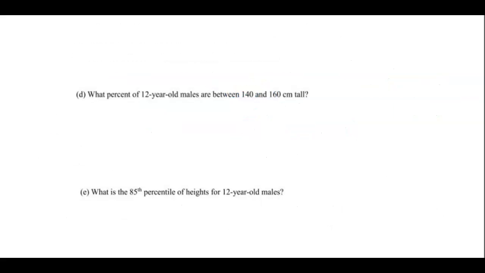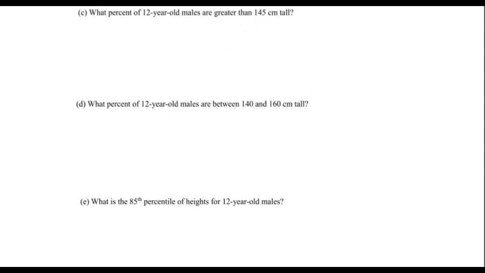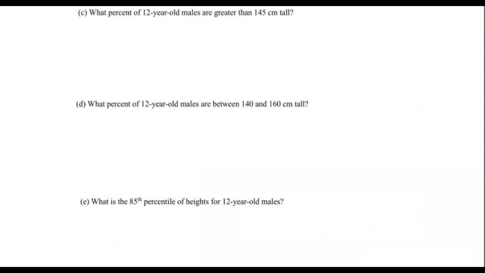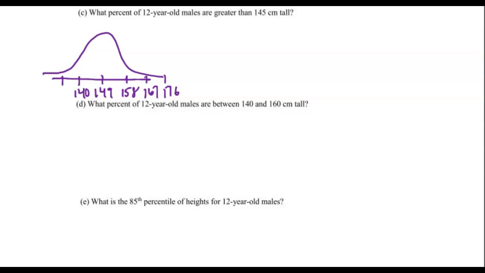Okay, I want to take a look at if we wanted to look at the percent of 12-year-old males' heights that are greater than 145 centimeters tall. Again, I would encourage you every time you see a problem like that to draw a picture of the normal distribution of heights and give 1, 2, and 3 standard deviations away from the mean.